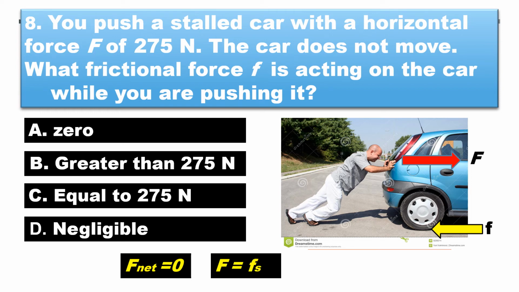And therefore, the two forces acting on the car, the applied force and the force of static friction, must be equal. Therefore, our answer to number 8 is letter C.